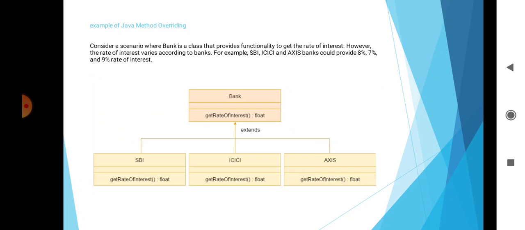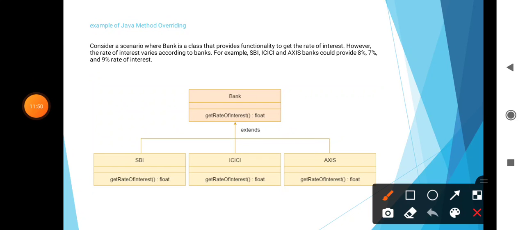Suppose here Bank is one of the classes and has the method getRateOfInterest. Then there are three types of banks, SBI, ICICI and Axis, and these three classes have the same method getRateOfInterest.